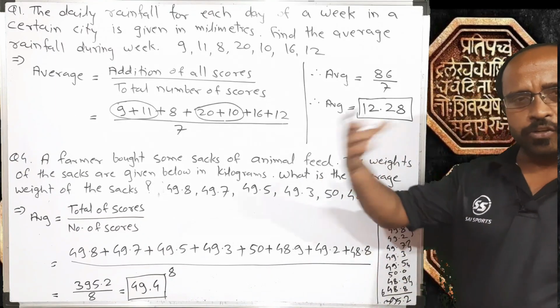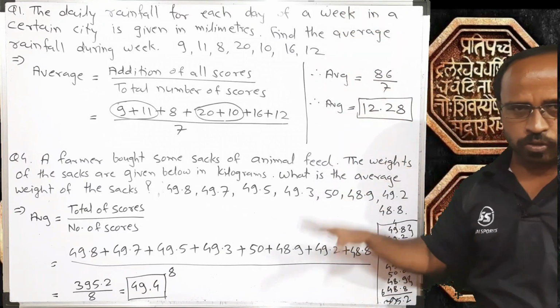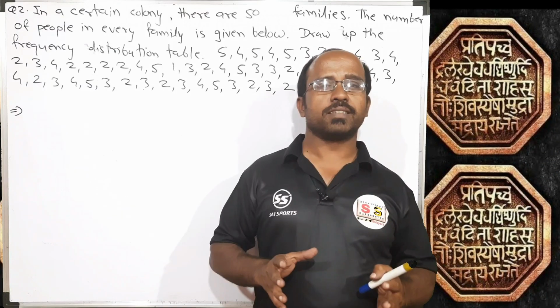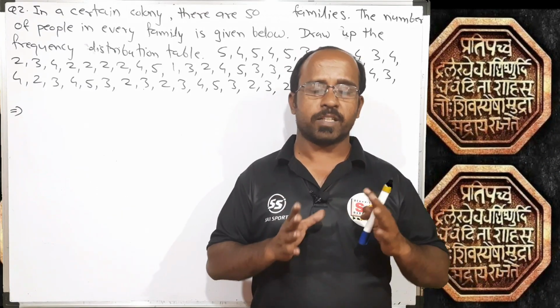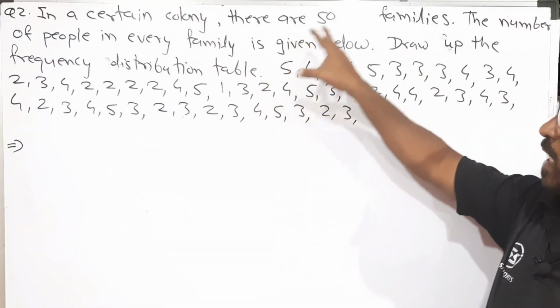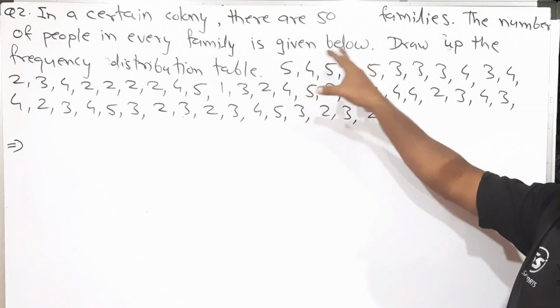Before continuing with the frequency distribution table, students, please take a screenshot of this as I am going to rub it. This is example number 2 from practice set 55. The question is, in a certain colony there are 50 families. The number of people in every family is given below.